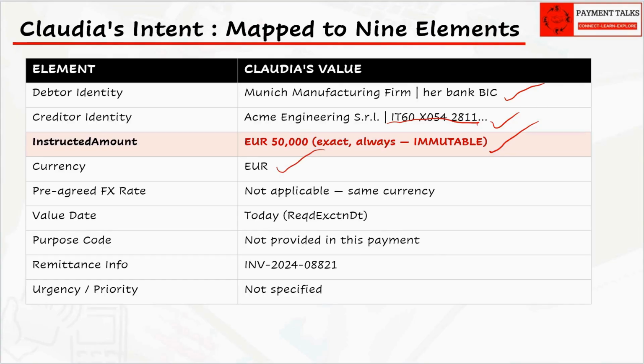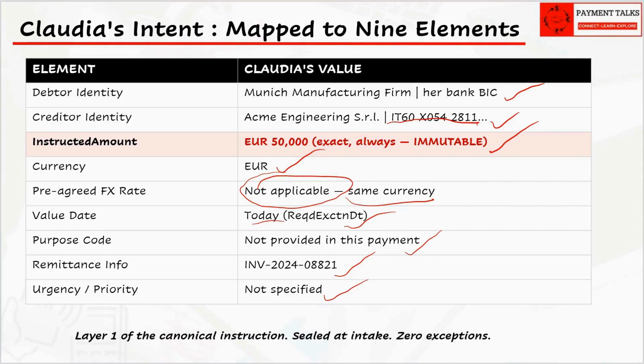Pre-agreed FX rate, not applicable, same currency on both sides. Value date, today. Purpose code, not provided in this payment. Remittance information, invoice number. Urgency, not specified. All 9 captured. All 9 sealed into layer 1 of the canonical instruction at intake. That is part 1's first deliverable.